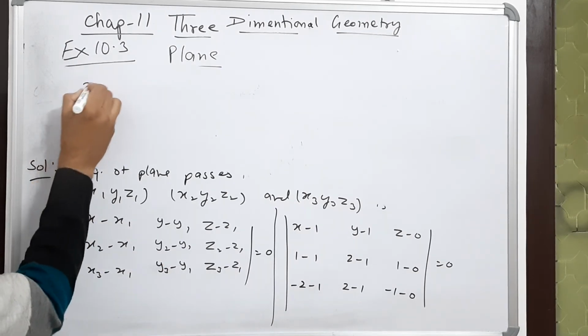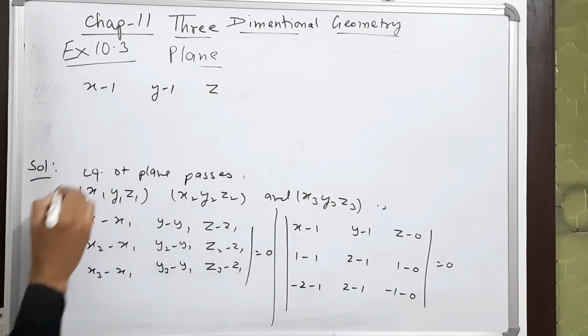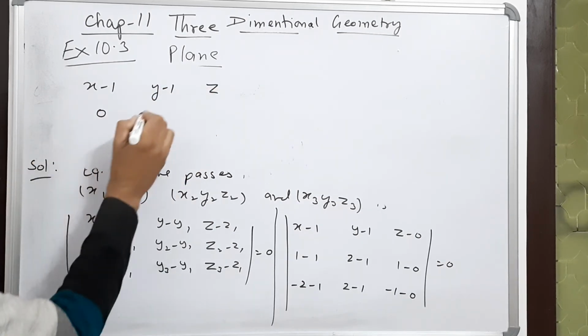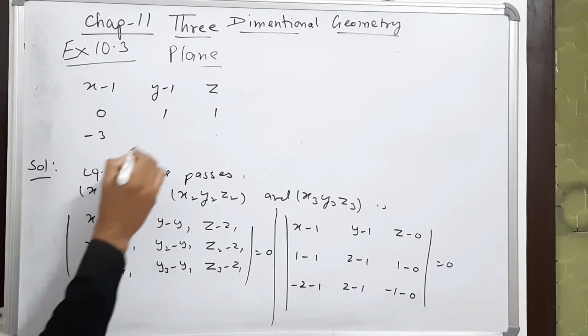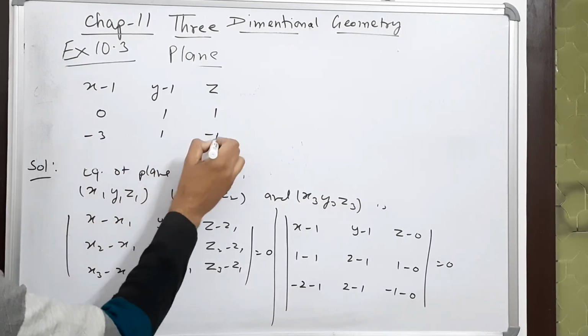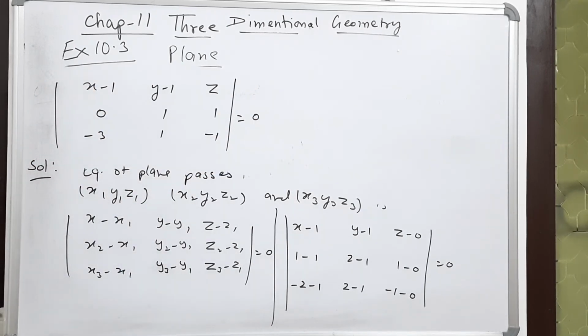So the next step is x minus 1, y minus 1, z, and it is 0, 1, 1, minus 3, 1, minus 1 equals to 0. And I hope it is not required to tell you how to expand it.